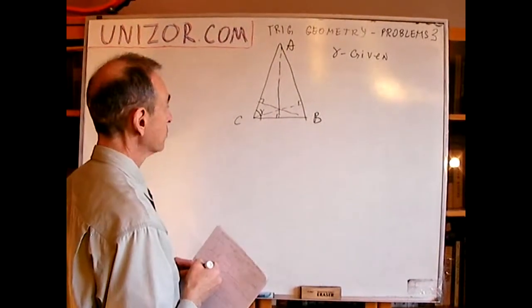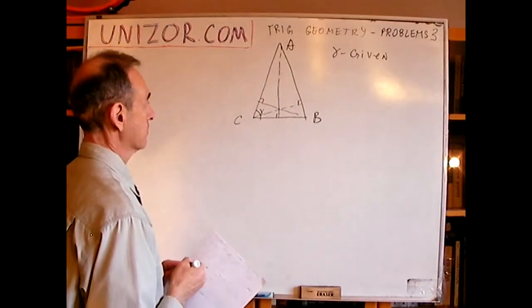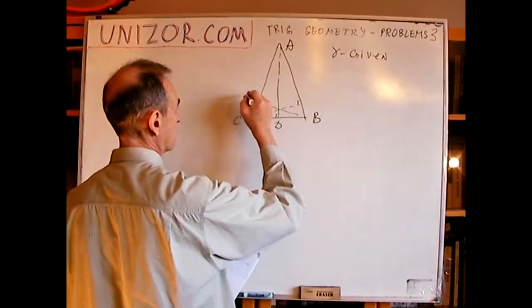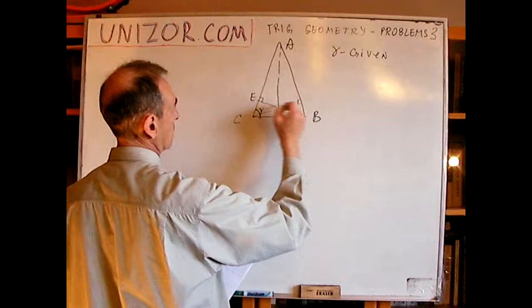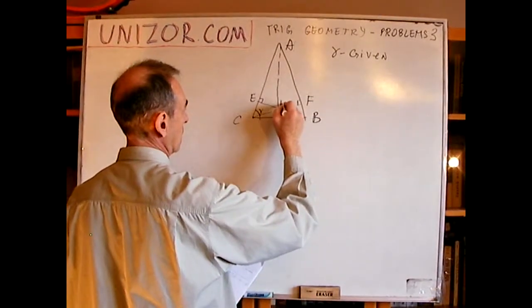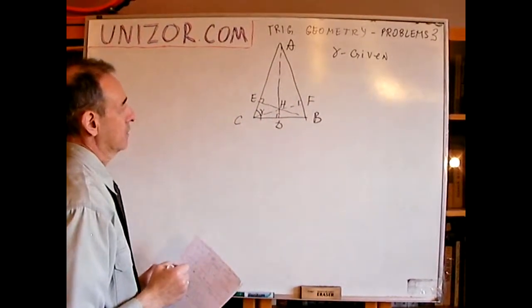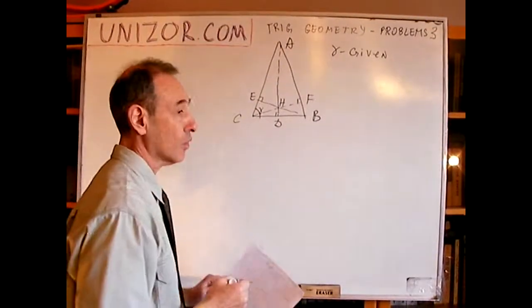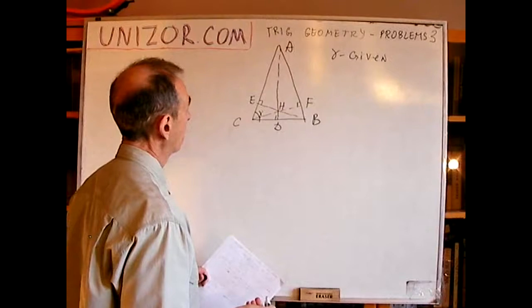Now, what I have to find out is this. H is the intersection of these three altitudes. It's called the orthocenter, by the way, of the triangle.